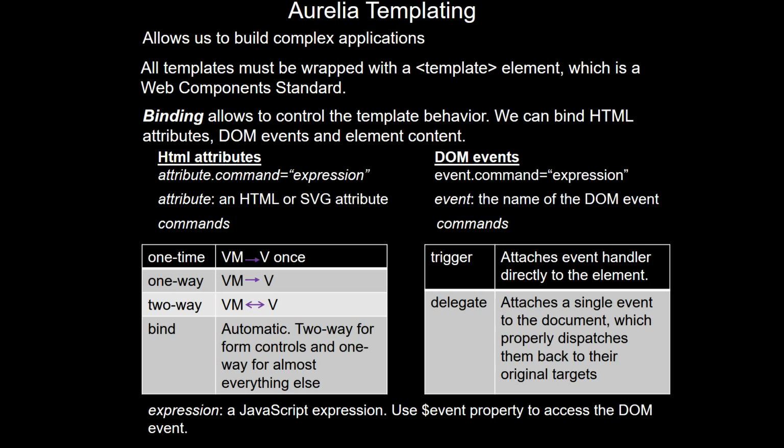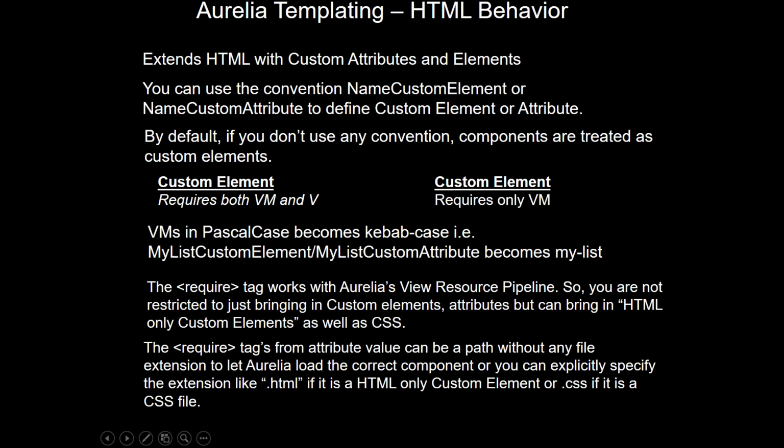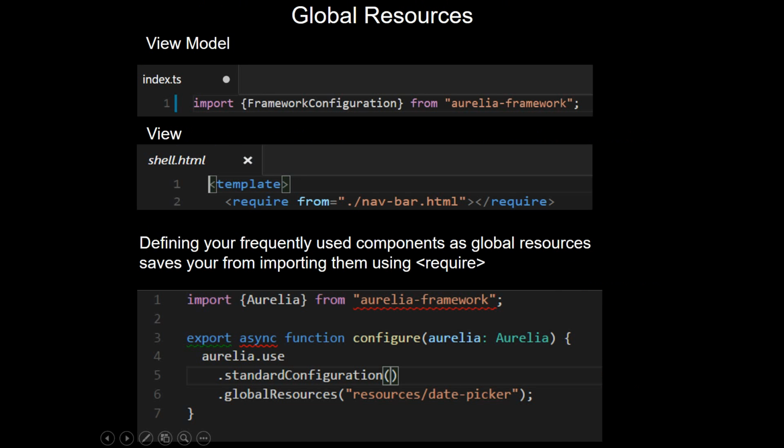An expression is going to be a JavaScript expression, and the dollar event is a special property. Similarly, you can have HTML behaviors implemented using custom attributes and elements, and it's a convention-based framework. If it is not given any suffixes, or if it's not decorated with the special at decorators, it'll always treat the component as a custom element. And the require tag is a very, very important tag.